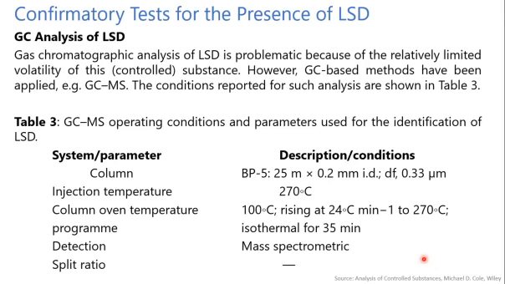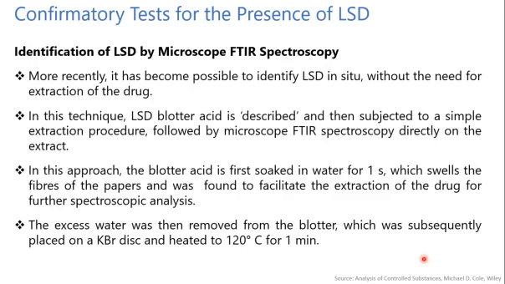The column oven temperature should be 100 degrees Celsius, rising at 24 degrees Celsius per minute to 270 degrees Celsius. The program is isothermal for 35 minutes, and the detection is mass spectrometric detection having no split ratio.